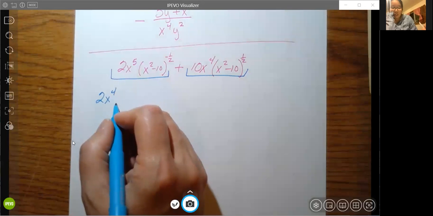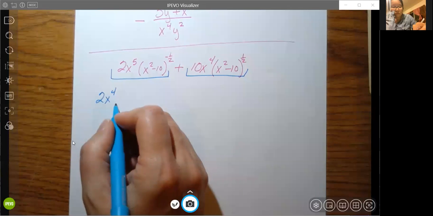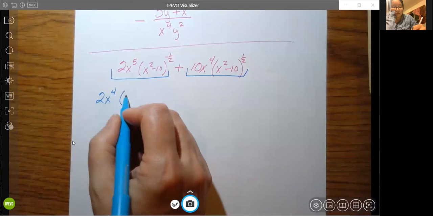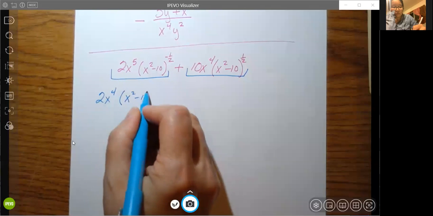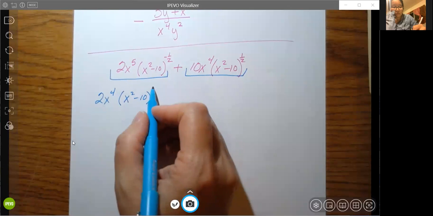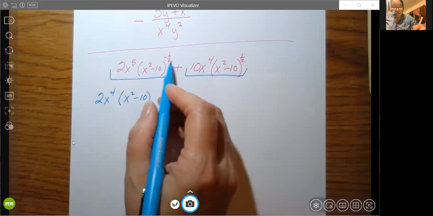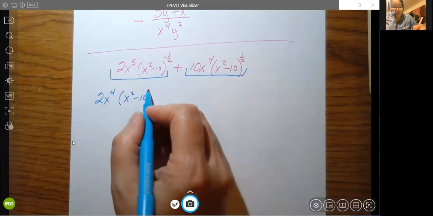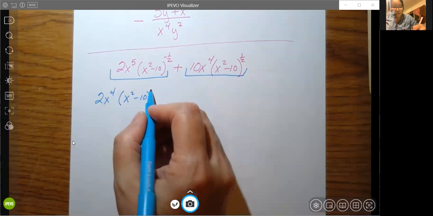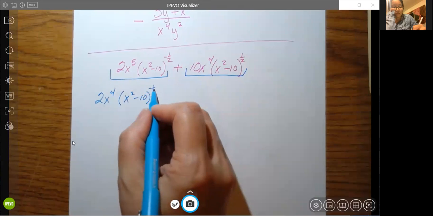Wait. So confused. Oh, and then x squared minus 10 to the half? Which power is smaller? Oh, the negative 1/2 power. Okay. Smaller.